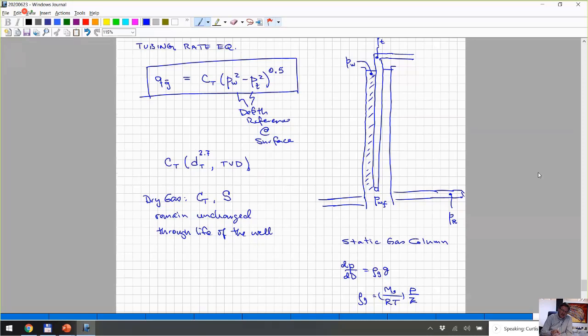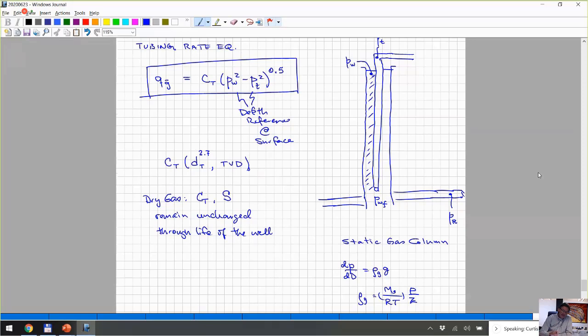and then we'll come back and address how those may change, or whether the form of the equation can actually be used to match, for example, the multi-phase flow from the Gray correlation for gas condensate or some other correlation. But fundamentally, most of the pressure drop is coming from the friction of the gas flowing through the tubing, with some additional gravitational hydrostatic treatment that requires a change in the S and potentially the CT for the friction.